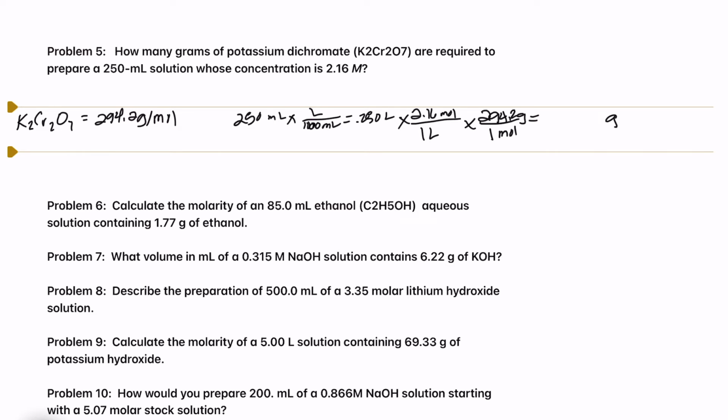So my given was 250 milliliters of a concentration, 2.16 molarity. I started with my volume. I used my molarity to convert into the amount of potassium dichromate, and then I could convert the moles, that amount of potassium dichromate, into actual grams.